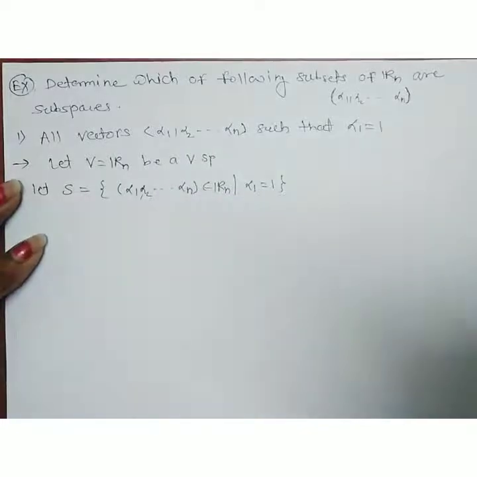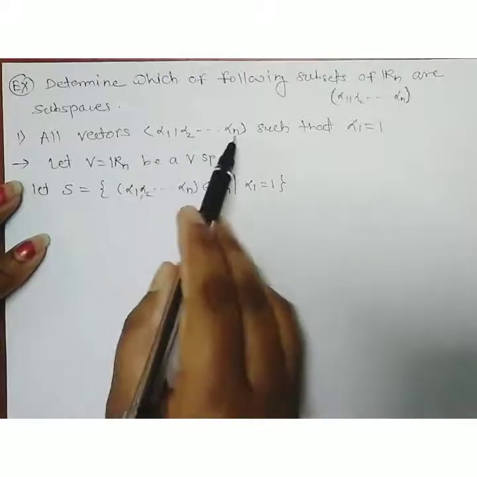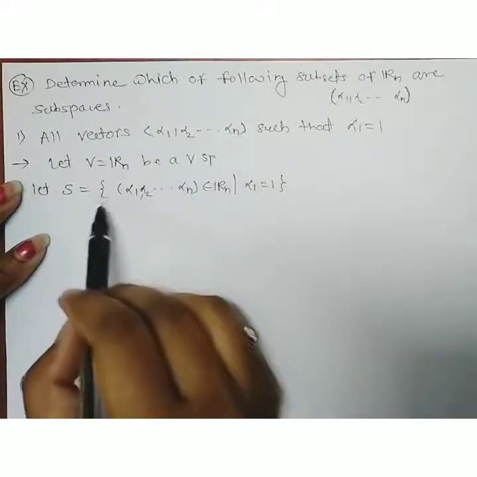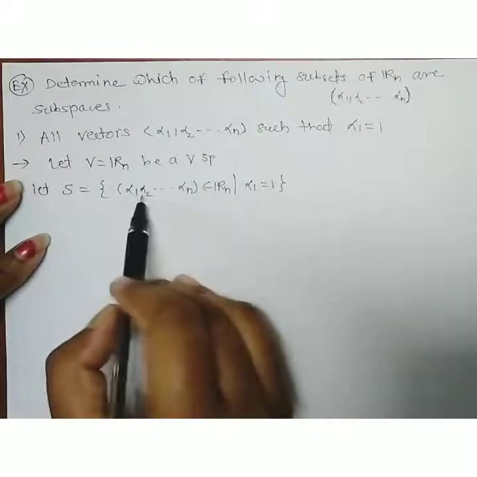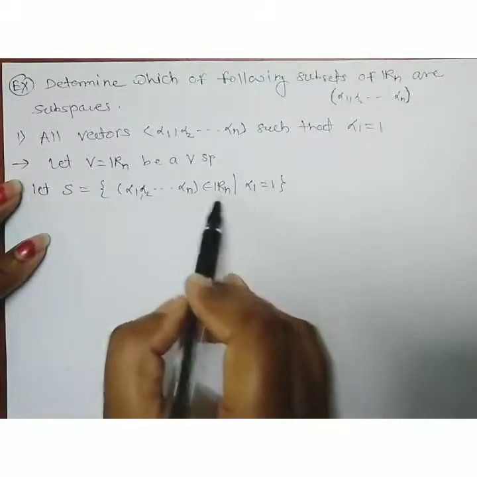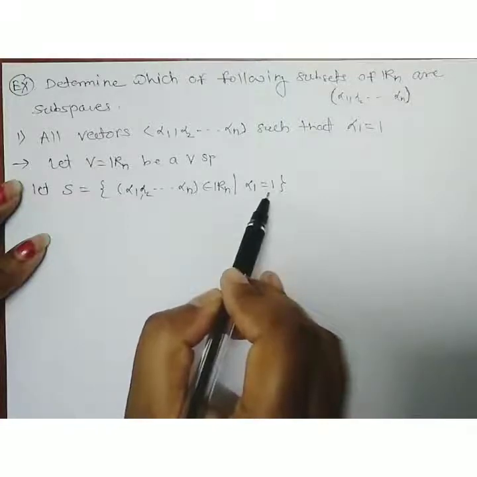Here we write it in set form, the ordered tuple alpha 1, alpha 2, alpha n, an element of Rn such that the first element alpha 1 is 1.